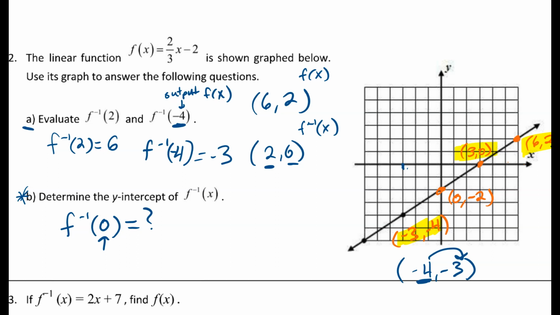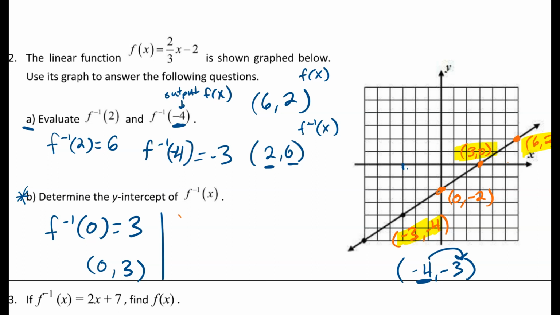So let's say my x-intercept here is 3. That means my y-intercept on the corresponding inverse graph should also be 3. And let's convince ourselves that that's true. This would represent the point when I plug in 0 for x, I get 3 out for y on the inverse function.